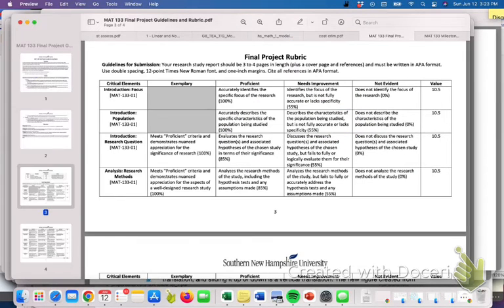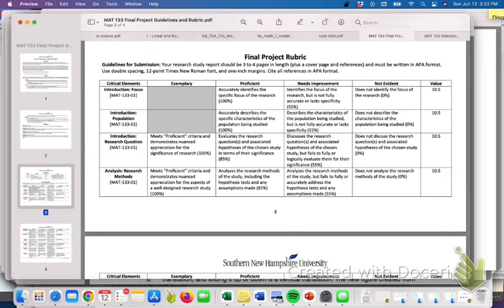But now in the final project, if you get needs improvement in that population section, or actually that's a bad example because I forgot for population, you either put it all there or you didn't, so it doesn't have an exemplary. Let's go to research question. Let's say you got a needs improvement last time on your research question section. It only cost you a couple points before, but now because exemplary is also a possibility, that means that the percentage is going to be a lot lower relative to your points.